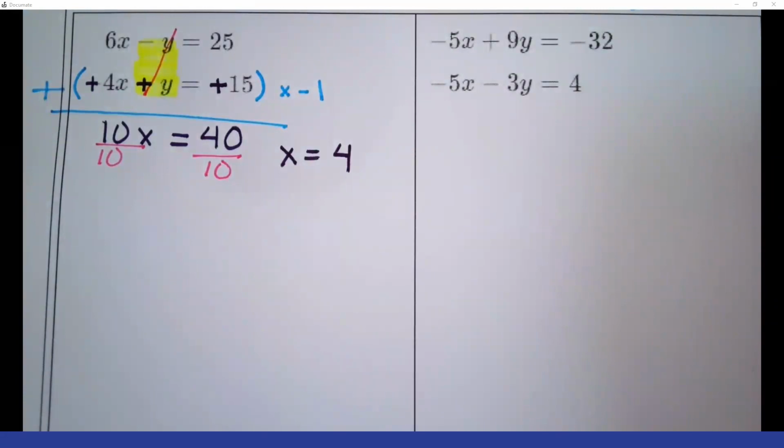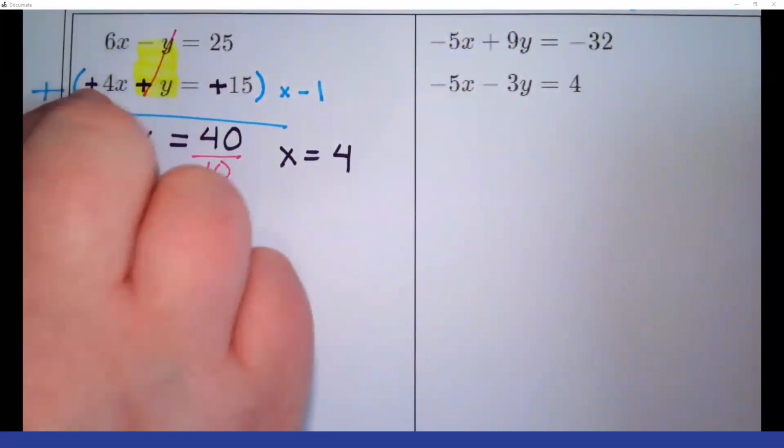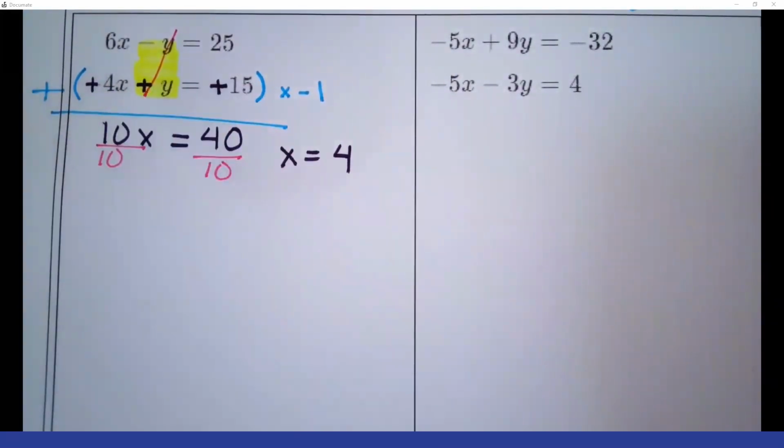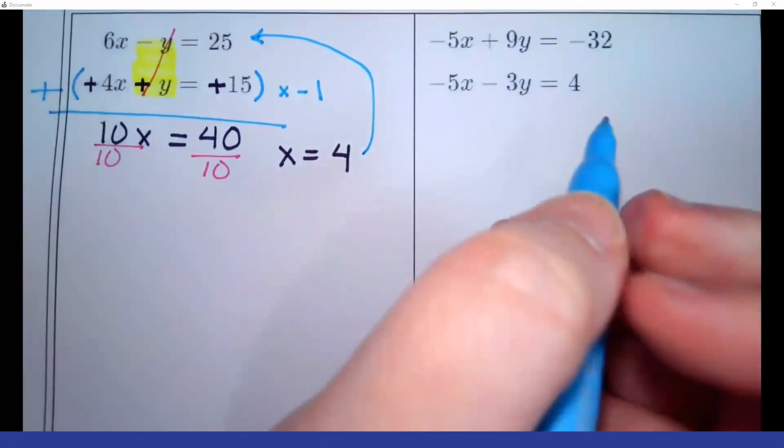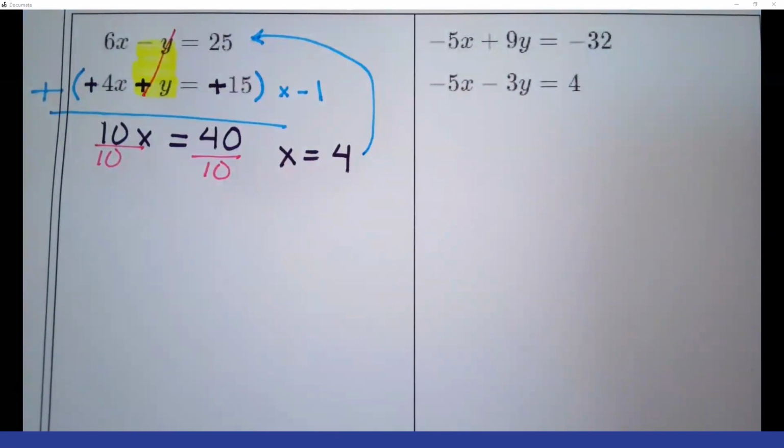Now, for this one, when we go and plug it back in, plug it into the equation you left alone, okay? So since we multiplied the bottom by negative 1, I'm going to plug into the top. So plug it into the equation you left alone.